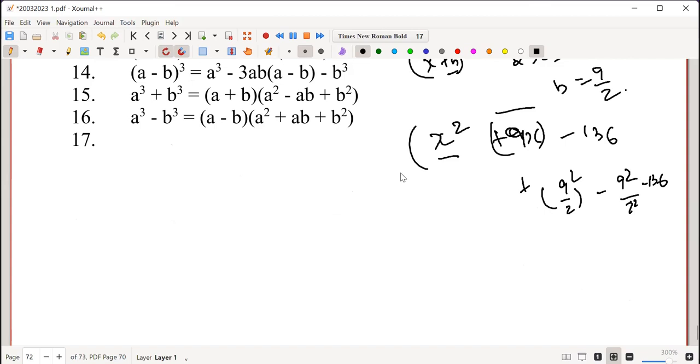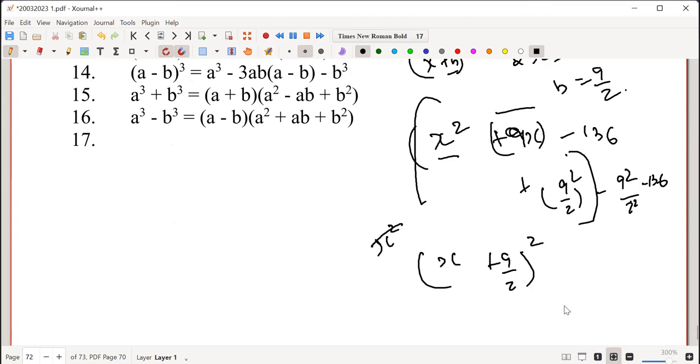Now when I rewrite this, x square plus 9x plus this b square becomes x plus 9 by 2 whole square minus 9 square by 4. 81 by 4 minus 136 equal to 0.